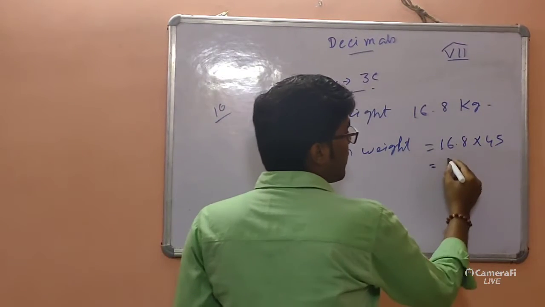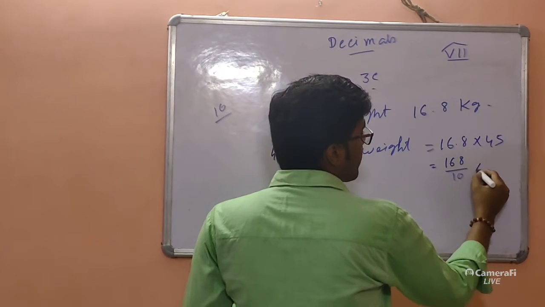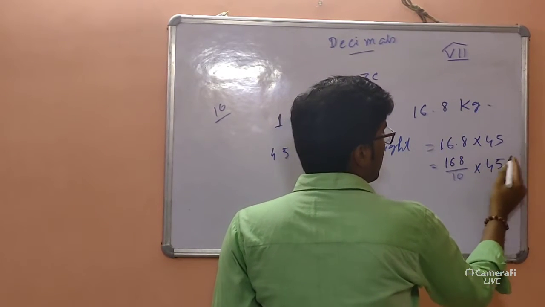Now this multiplication is easy. 168 by 10 into 45. Now simply multiply.